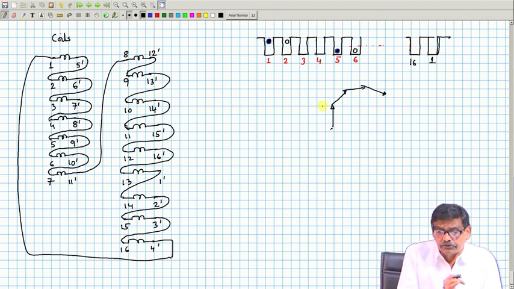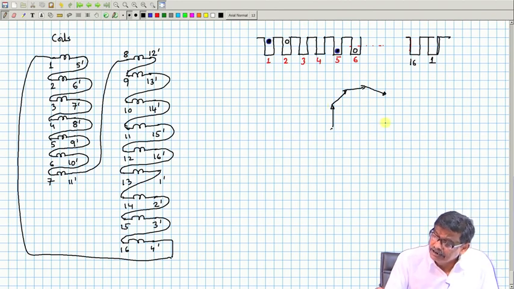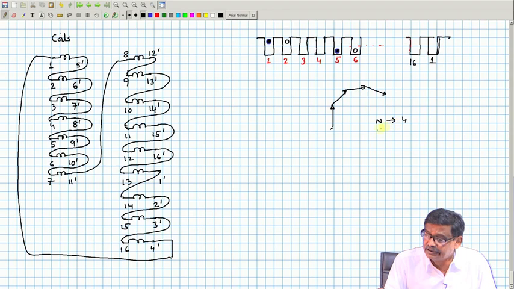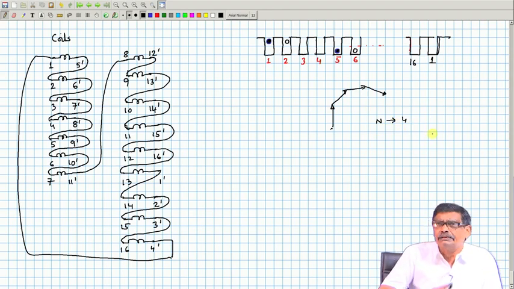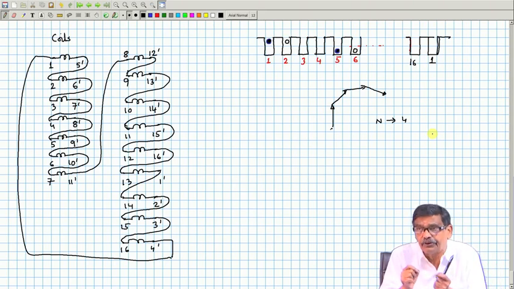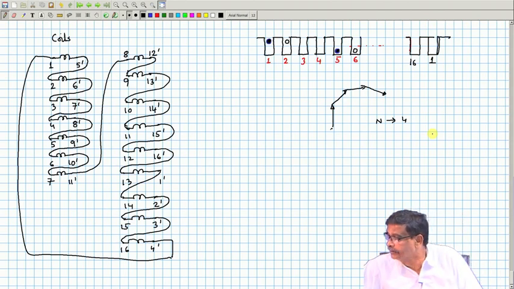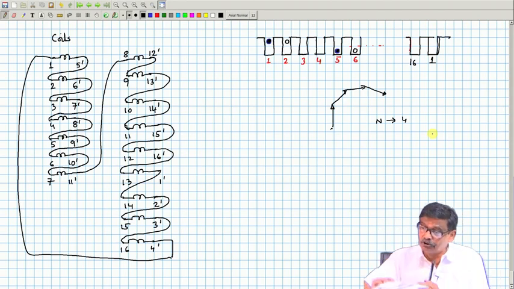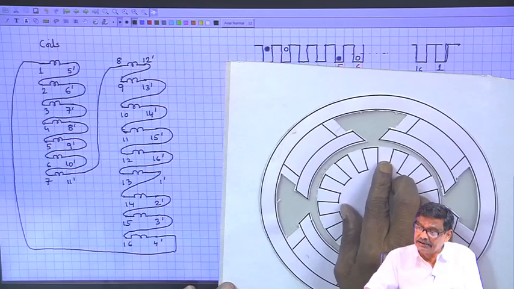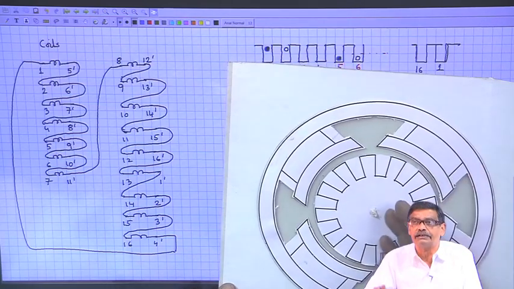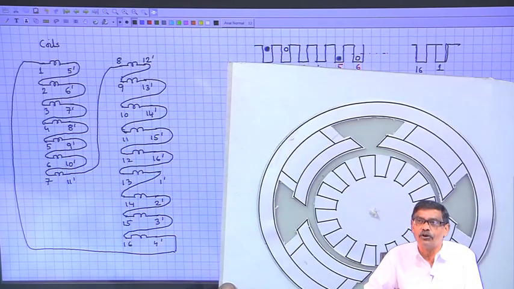Let us also try to see that I told you there will be 4 slots under the north pole, and 4 slots under the south pole, with the machine running. If you freeze at a given time, if you take a snapshot, it is expected that 4 slots will be under the influence of the north pole, and the next 4 slots under the influence of the south pole, and so on.